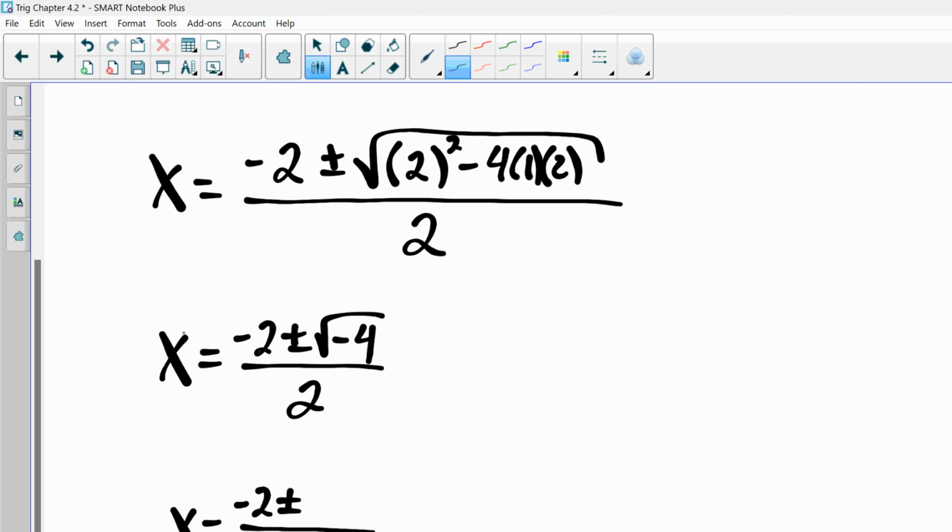It'll take it simply. But if it had been something other than negative 4, let's say negative 5, it would turn it into a decimal. Then we've kind of got to work backwards to figure out what it is. So I always take it in these parts. Now the negative inside the radical, I know is going to come out as i, and the square root of 4 is 2.